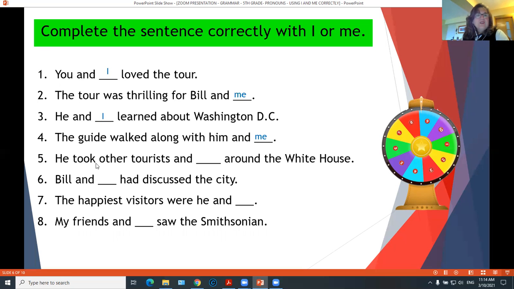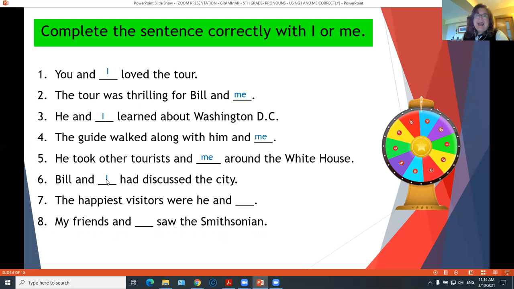Number 5, "He took other tourists and _ around the White House." So in this case, we again have the object of the verb, in this case, take, in past took, and we use me. Number 6, "Bill and _ had discussed the city."